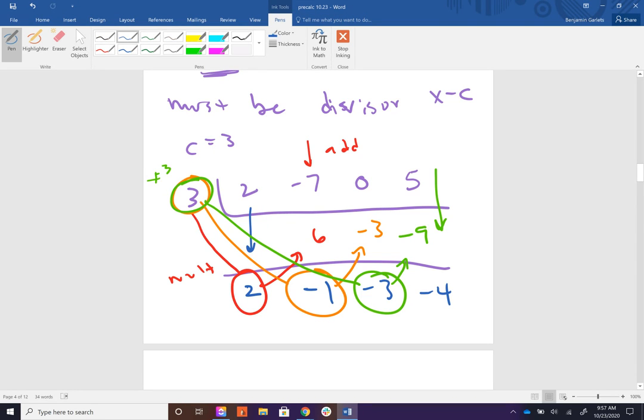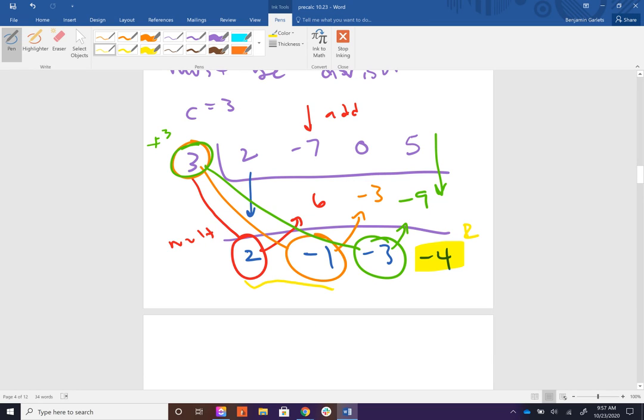And since we have no more to go in this process, this is our remainder. So we'll go yellow is the remainder. And then this collection of numbers is our quotient.